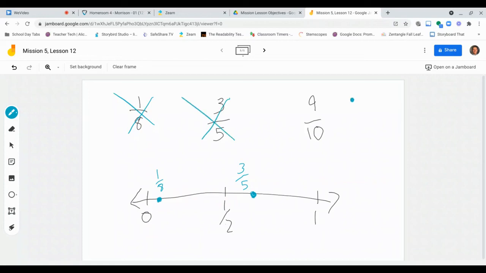And then my last one is 9/10. Now, first of all, is 9/10 more or less than 1/2? Well, it's more than 1/2 because half of 10 is 5. 5/10 is 1/2 in tenths. So I know it's more than 1/2, so it's going to go somewhere on here. Well, is 9/10 pretty close to a half, or is it pretty close to another whole, or is it somewhere in the middle?